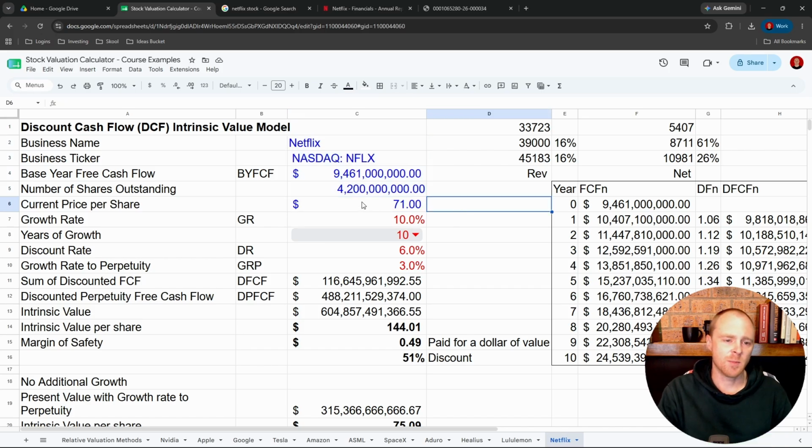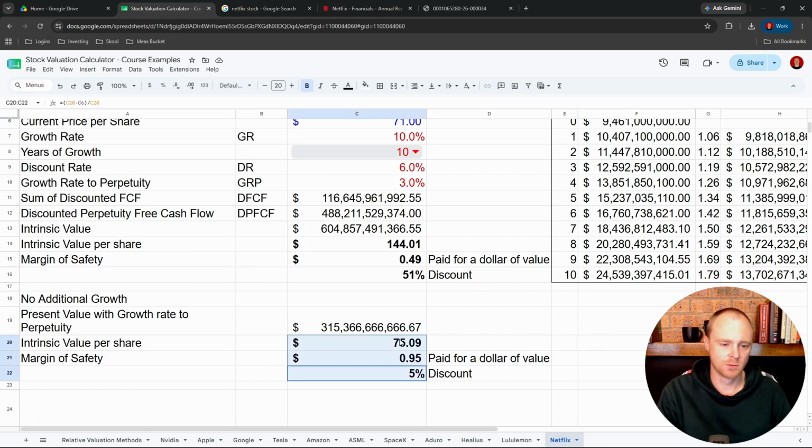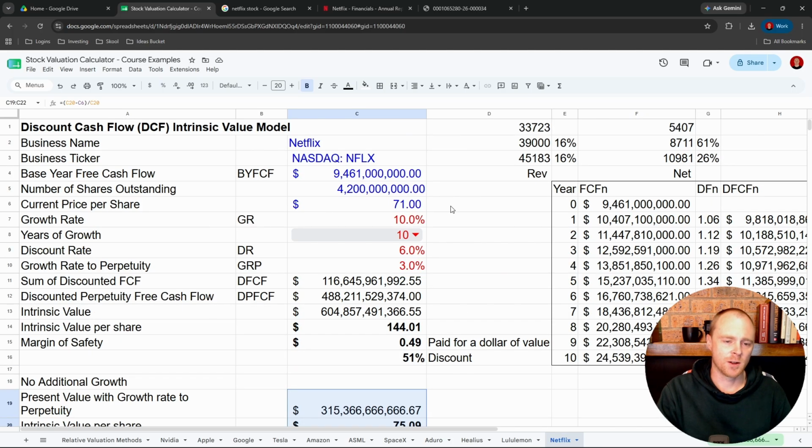So they've been able to look after their margins. I still think this business is going to grow, and more than zero. And there's probably a very small chance that I would think Netflix would decrease in value.